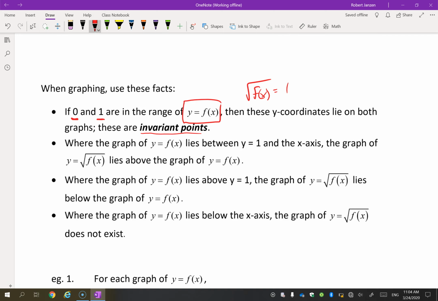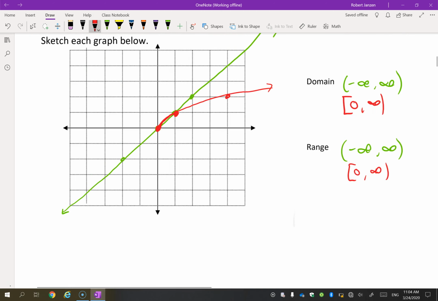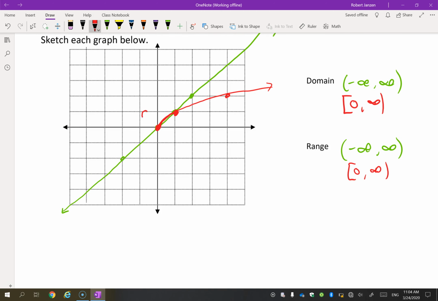This is the other thing that I just pointed out, where the graph of f of x lies between 1 and the x-axis. So that's between 0 and 1. The graph of the root of f of x lies above the graph. Okay, so if you notice that, we're talking about between 0 and 1. We're looking at right in this area. Okay, what has happened there?